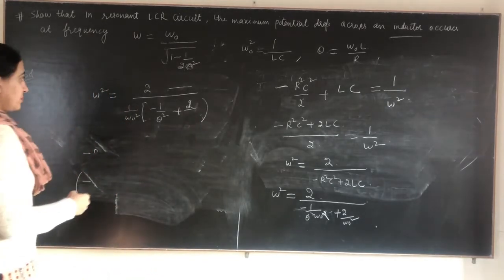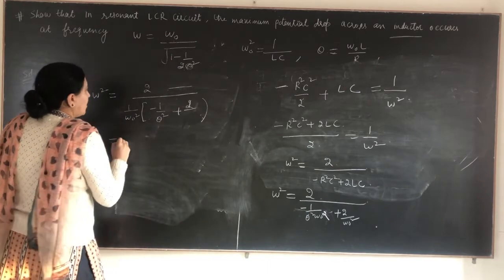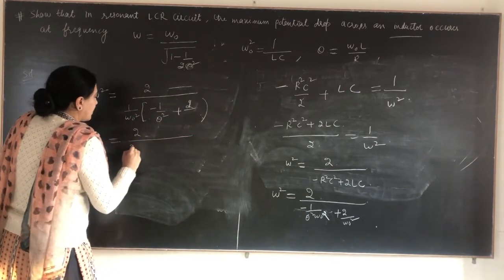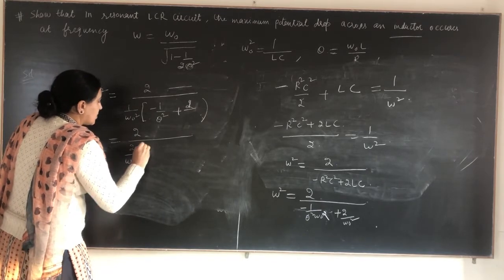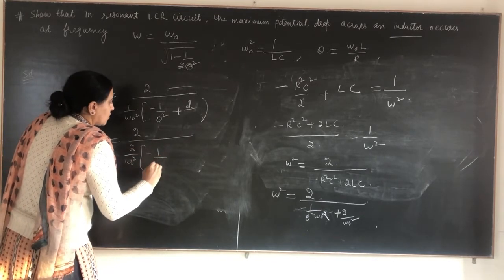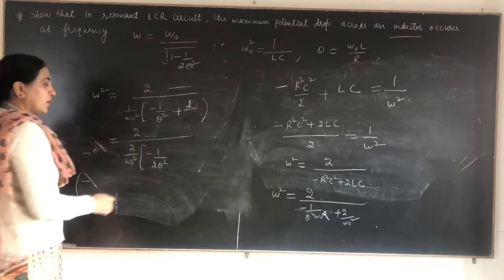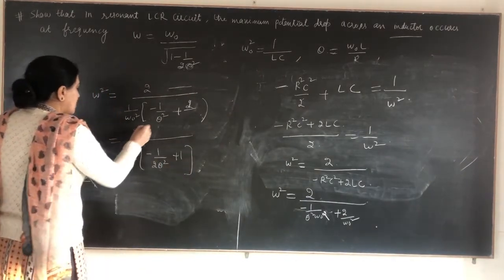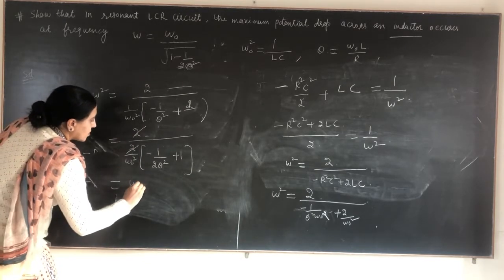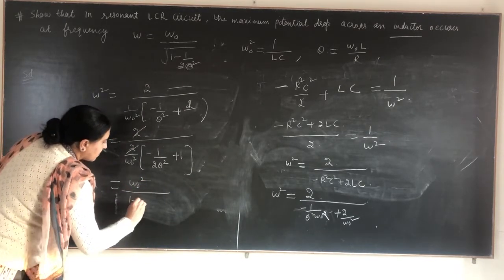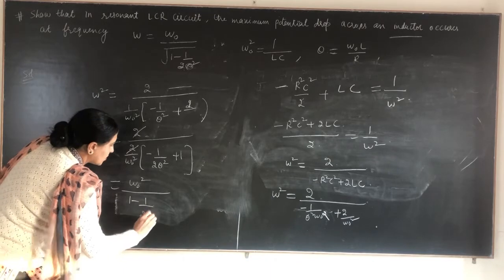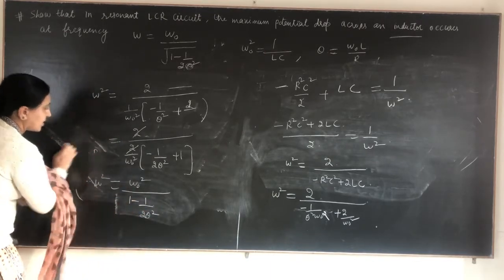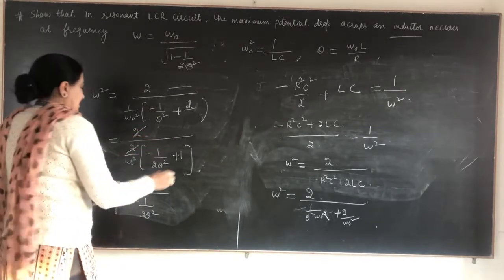So now you can take 2 outside the bracket, and what you get is minus 1 over 2 Q square. 2 goes with this 2, so omega naught square over 1 minus 1 over 2 Q square is equal to omega square.